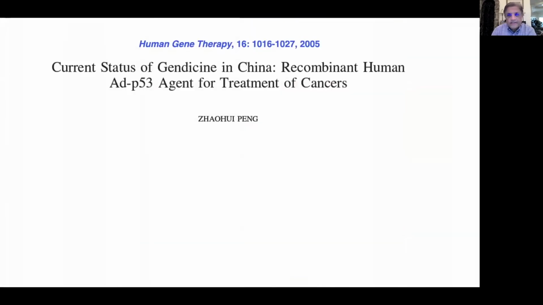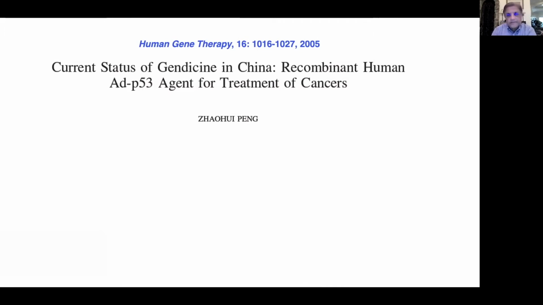He asked the lead guy there, Zhao Huipeng, and he still refused to publish this in a peer-reviewed journal, except that he agreed to write a review article in Human Gene Therapy, which was published in 2005, where he provided the current status of gene therapy of liver, head and neck cancer with adenovirus vectors, where they were claiming a high rate of success.